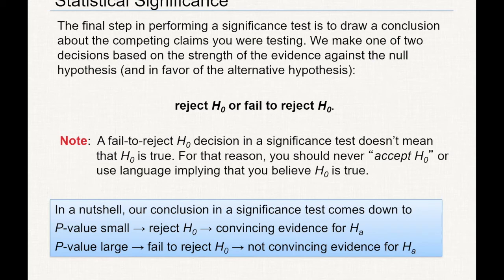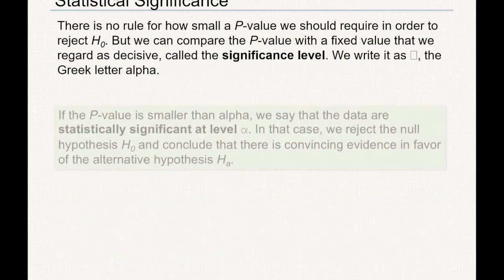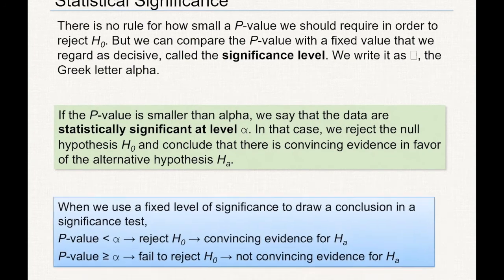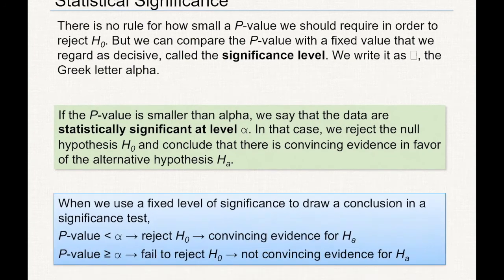It just means we don't have enough convincing evidence to suggest that p is less than 0.8. So this is what we're talking about when we're dealing with significance testing, is taking these p-values, given the scenario of the question, and trying to make an inference based upon our statistical calculation.